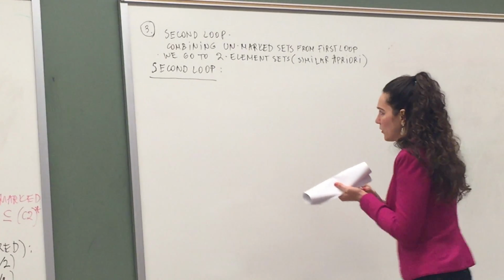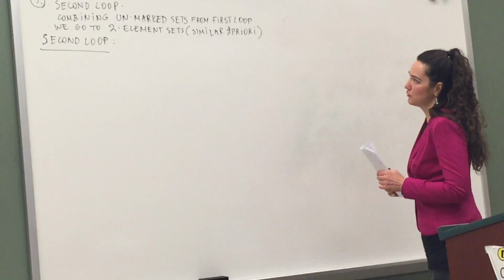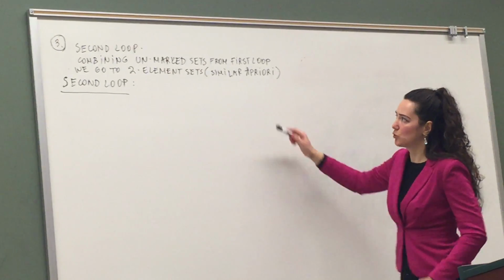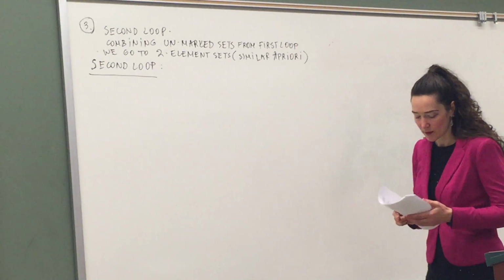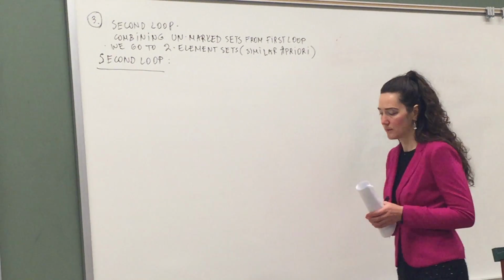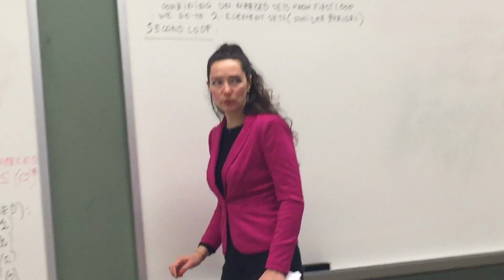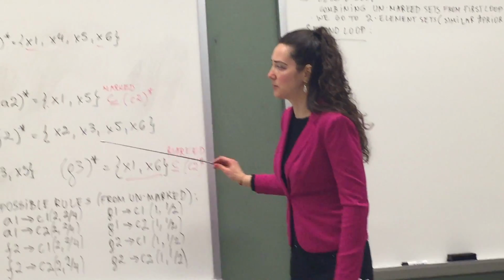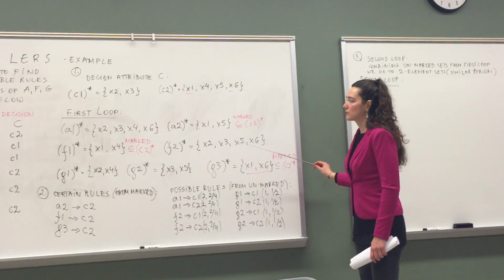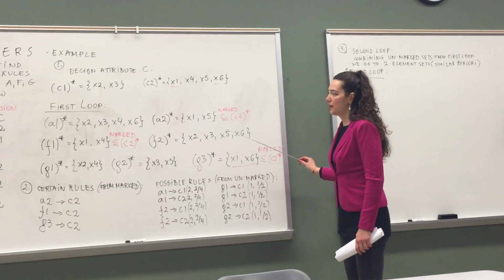So in second loop, we're combining unmarked sets from the first loop, and this way we go to 2 element sets. So what we're going to do is take the sets that are not marked and combine them together.